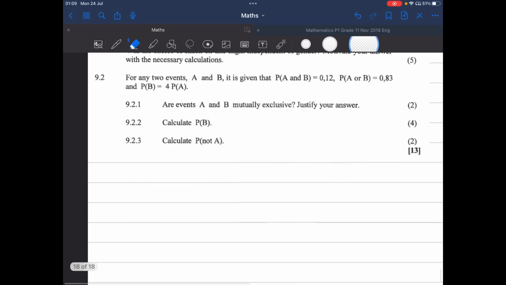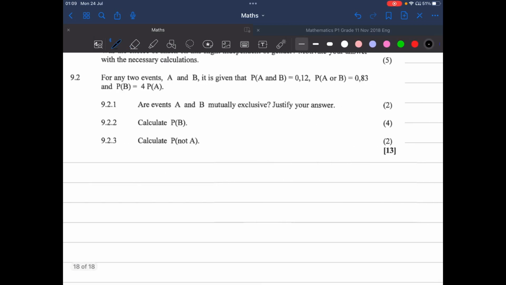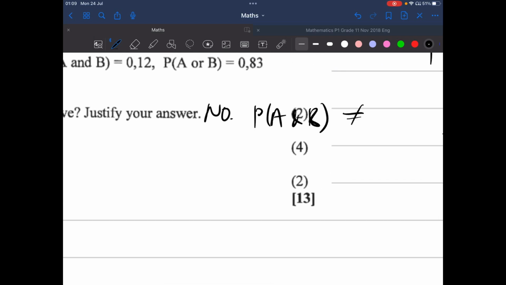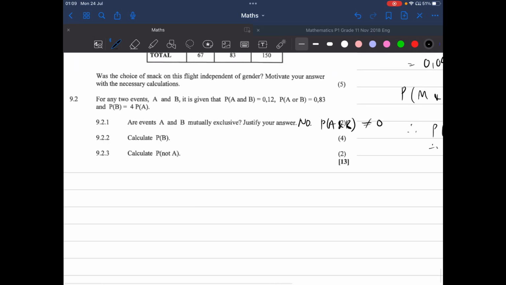You're picking one over the other. That means the probability of A and B should be 0. Can you get anyone doing maths and maths lit? No, you can't. Let's look at this question now. P(A and B) equals 0.12. So therefore these events are not mutually exclusive, because P(A and B) is not equal to 0.